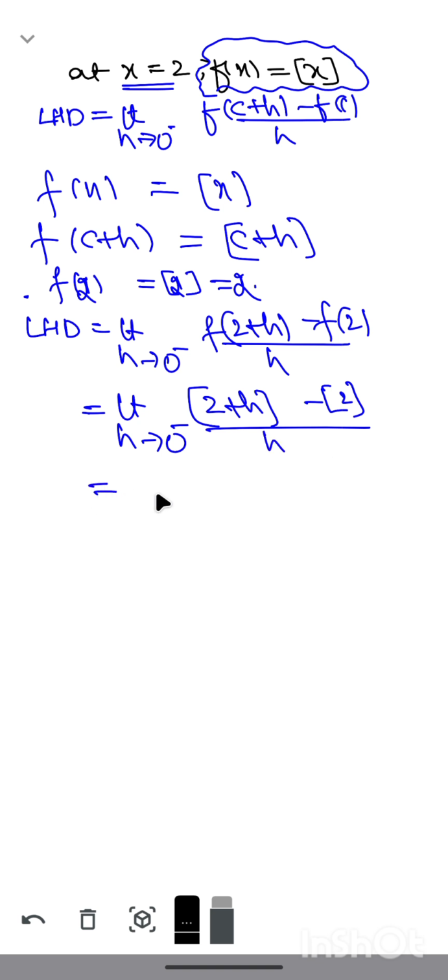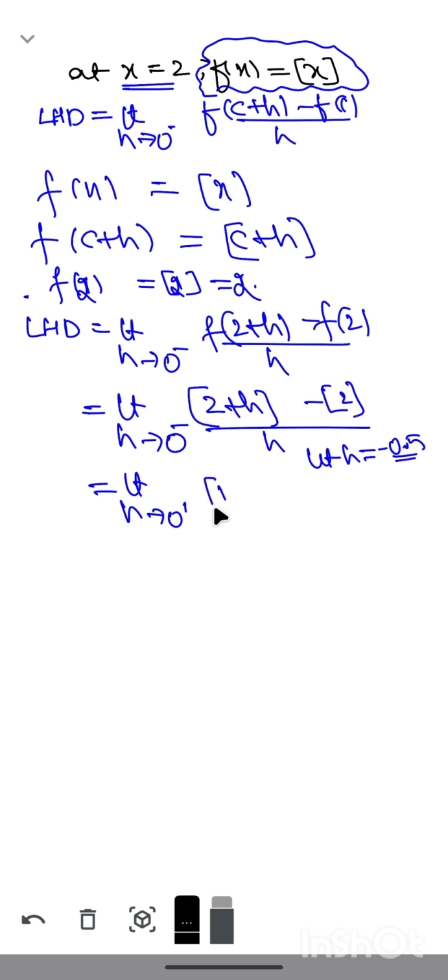So what is the greatest integer value of 2 plus h when the value of h is lesser than 0? Let h be equal to minus 0.5 because we are looking for lesser than 0. So 2 minus 0.5 is 1.5, and the greatest integer value of 1.5 will be 1 only.